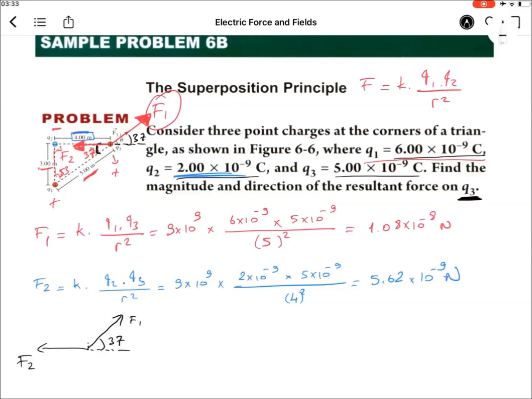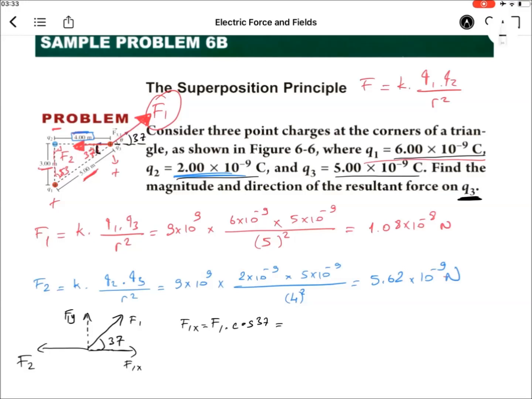So we have to calculate the x component of F1, F1x, and the y component, F1y. Then we have to add them to each other. So F1x is F1 times cosine 37.